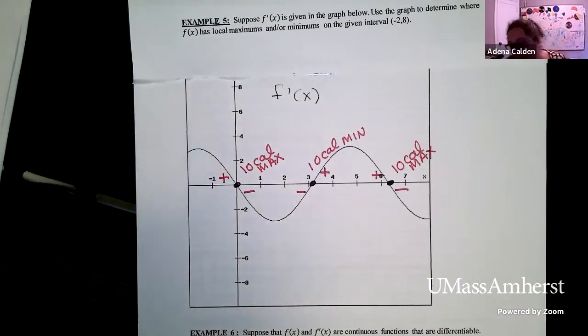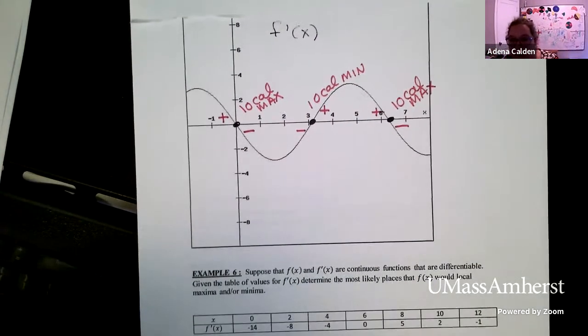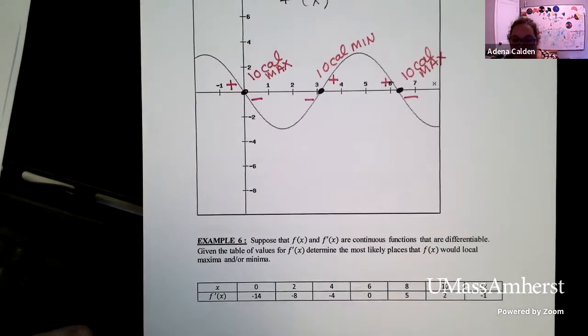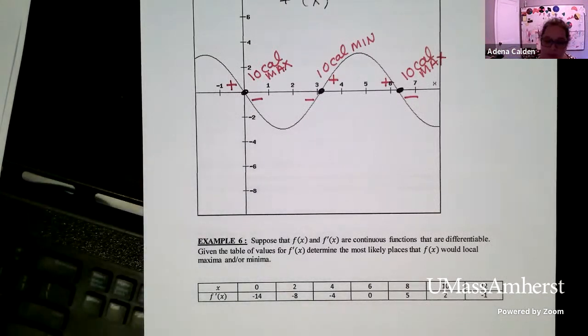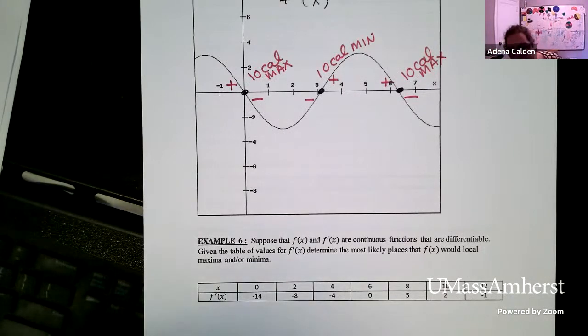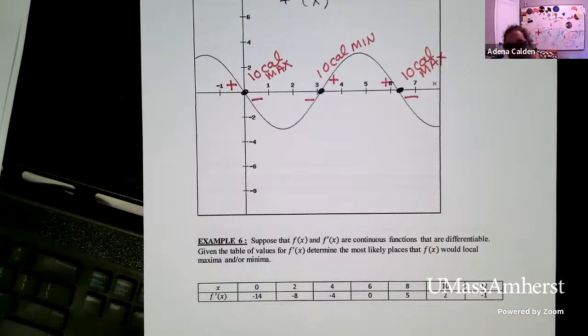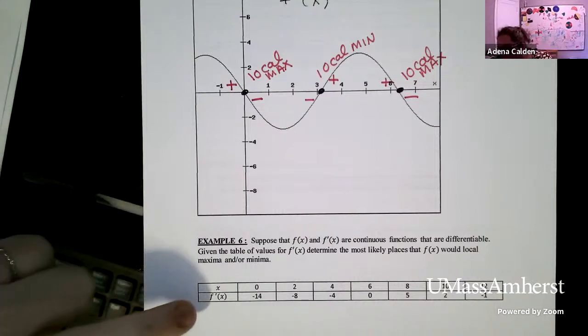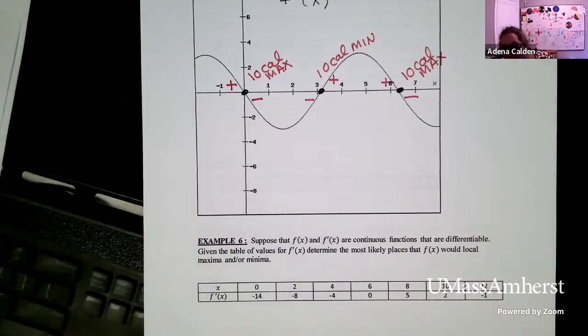Okay, we want to extend this to the example we did with the table. Think about how we might apply it if we have data. We looked at this table last class and we identified where the critical points are. What we want to do now is think about whether those critical points are going to be maximums or minimums. How can we use this first derivative table to help us determine that?